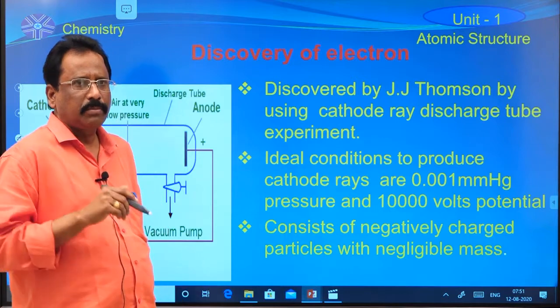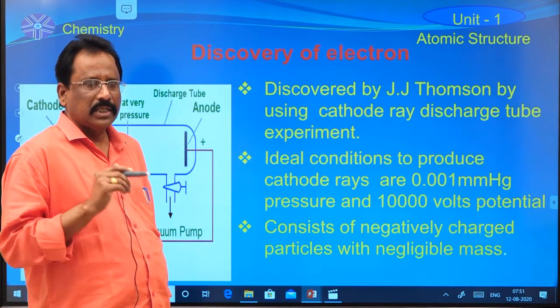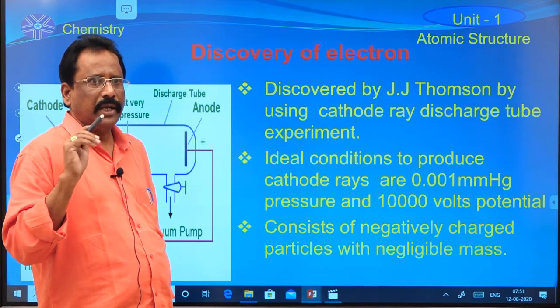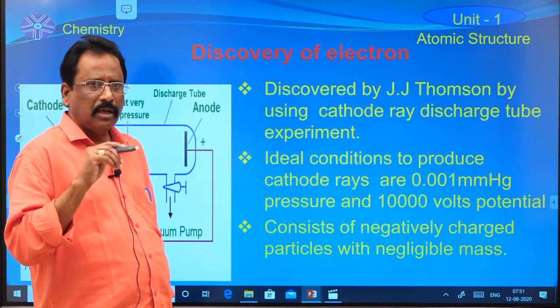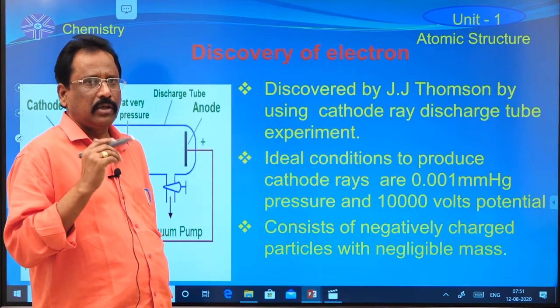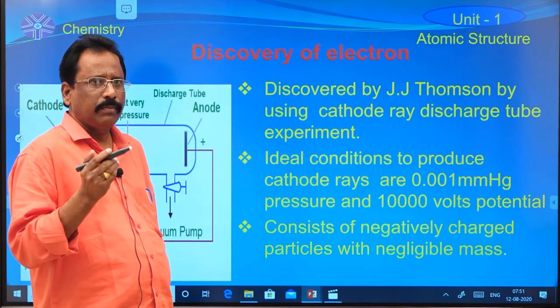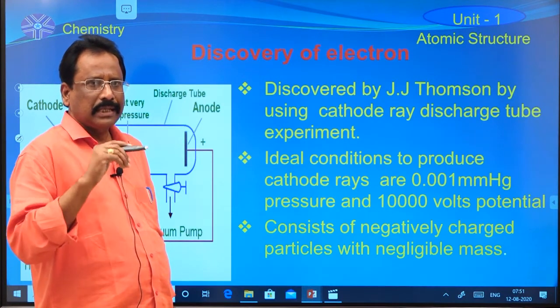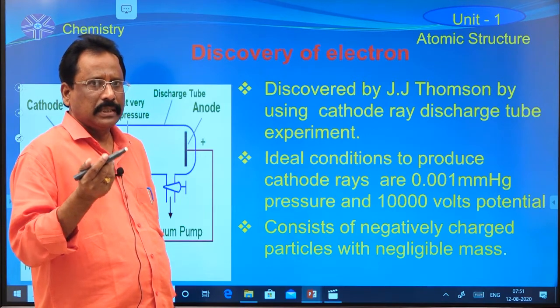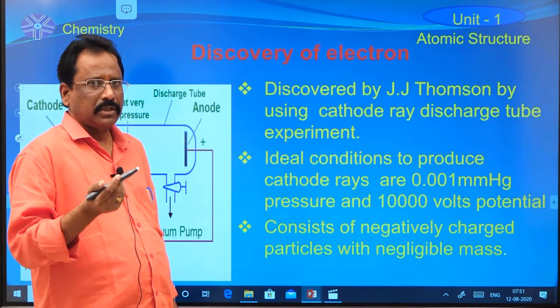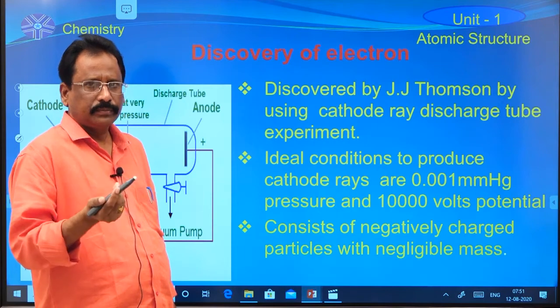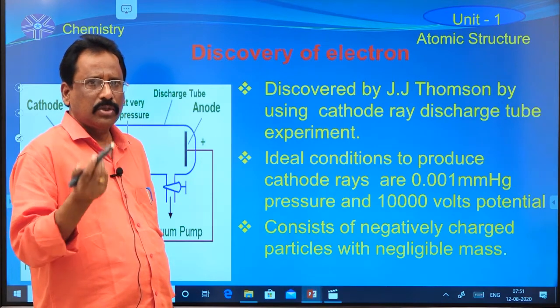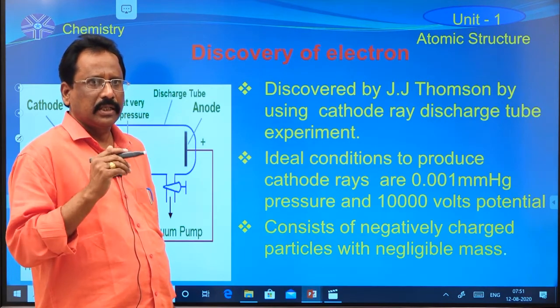Now, in the chapter, the very first topic is fundamental particles of an atom. The atomic theory was proposed by Dalton. According to him, atom is the smallest particle of an element which is unstable, so it is involved in chemical reactions either by losing, gaining, or mutual sharing of the valency electrons.